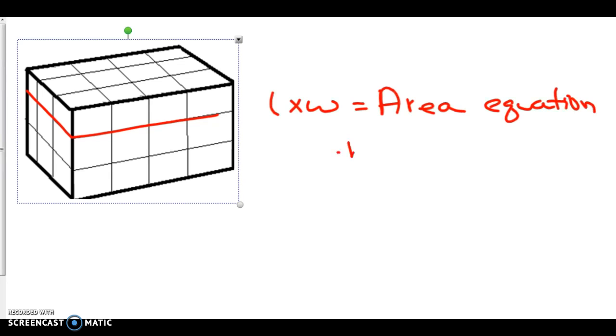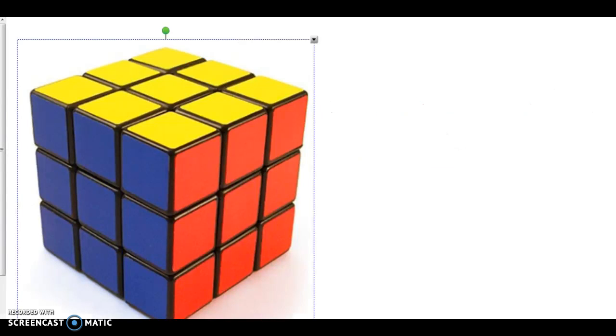We multiplied it times the height, making this the same as the equation for the triangular prism. If we found the area of this rectangle on top and then multiplied it by the height, we would find the volume. Okay, it gives it that third dimension. Same with a cube. Find the area of the square, multiply it by the height, and that gives you the volume.